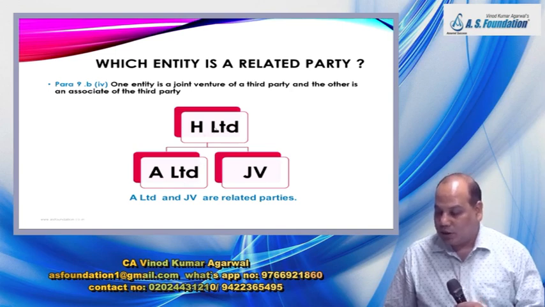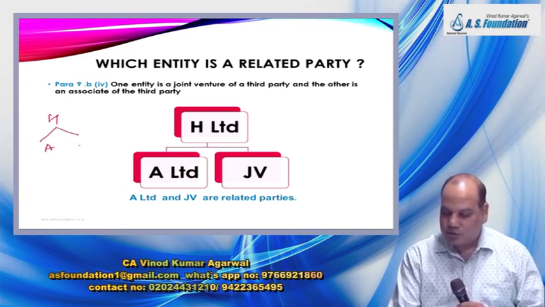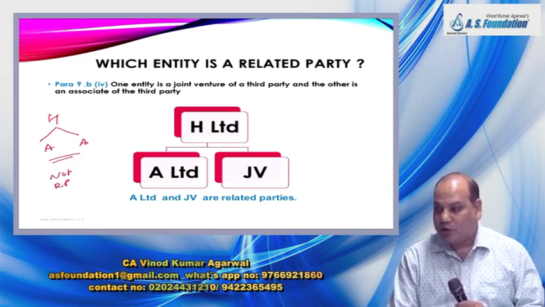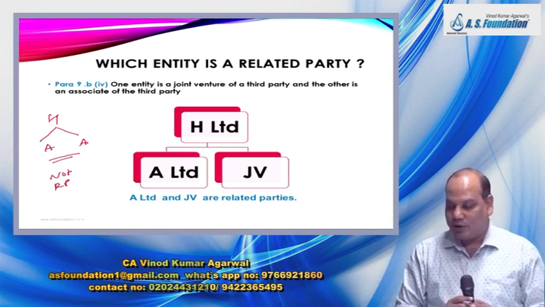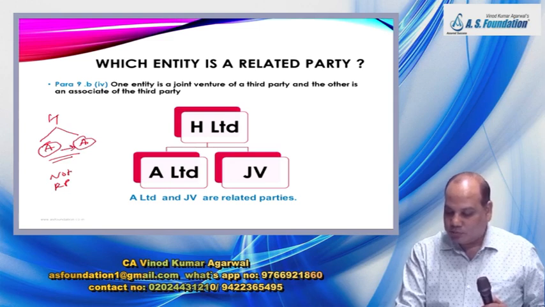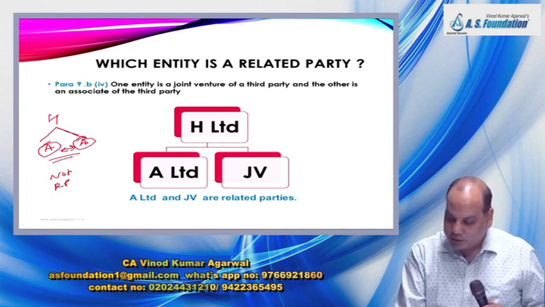Now remember, if H Limited has two associates, this situation is not a related party because you only have significant influence. So co-associates are not related parties because H here just has significant influence.